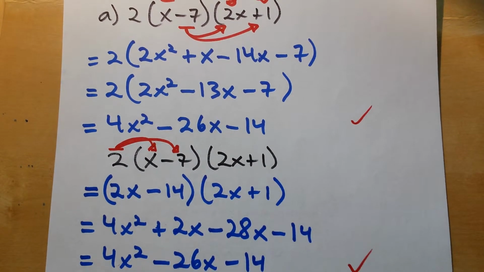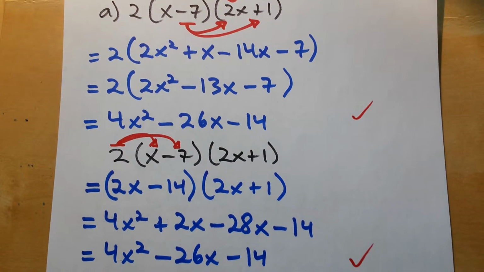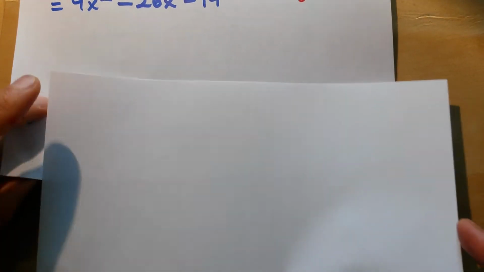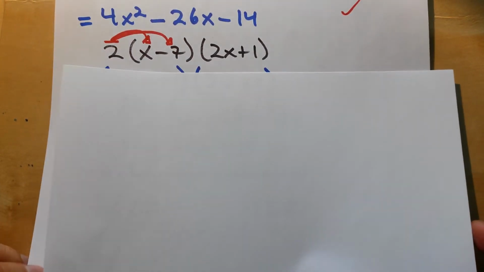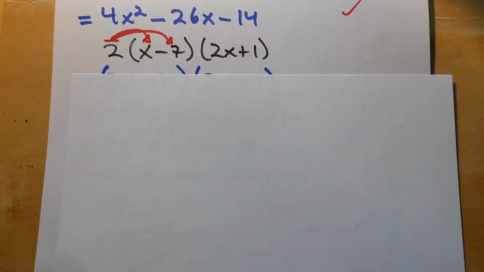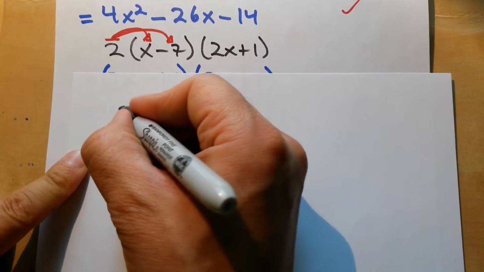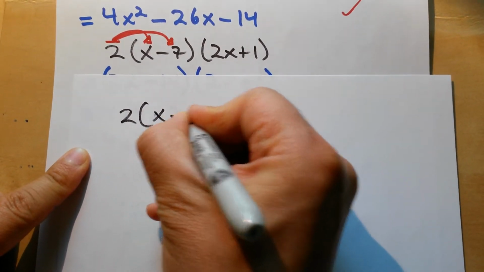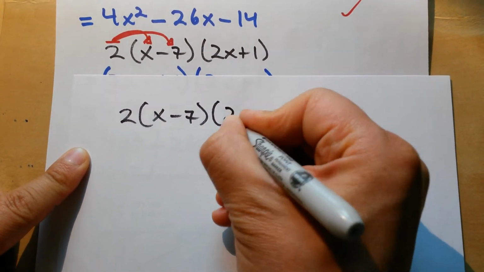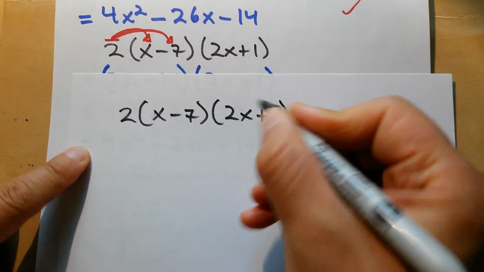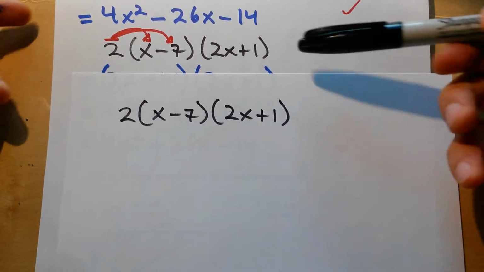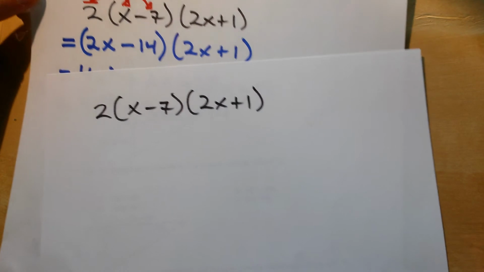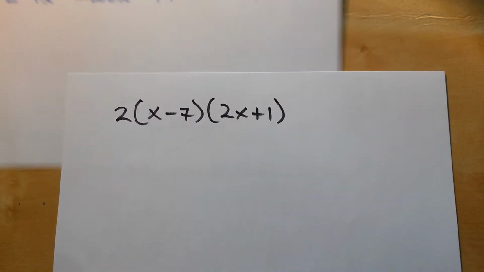These are some common mistakes, so make sure you don't do these. Alright? So, once again, let's start with the same question. I am simply going to rewrite it. This is what ends up happening, especially if the student decides to use this second method to bring in the 2 first.